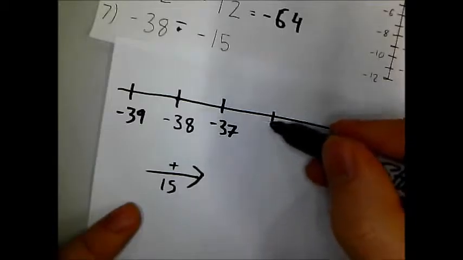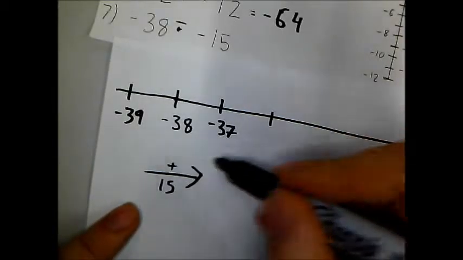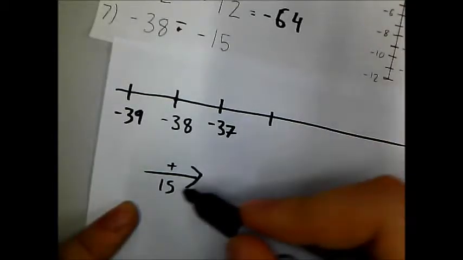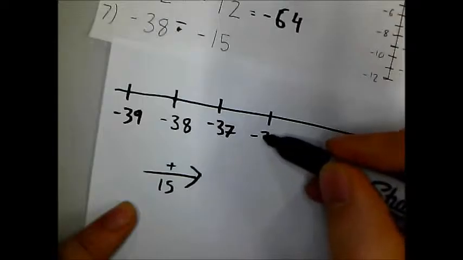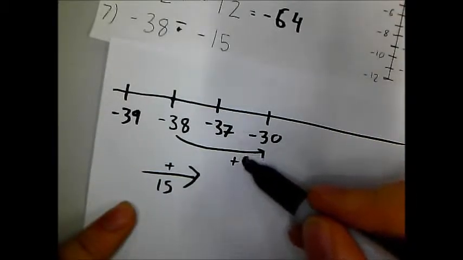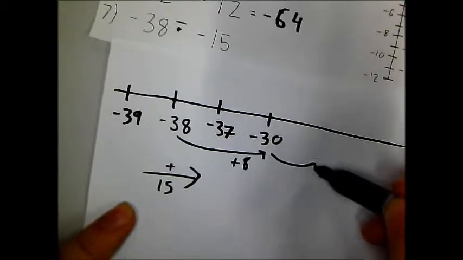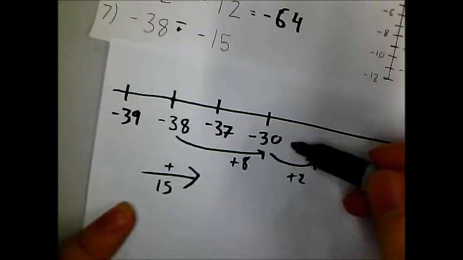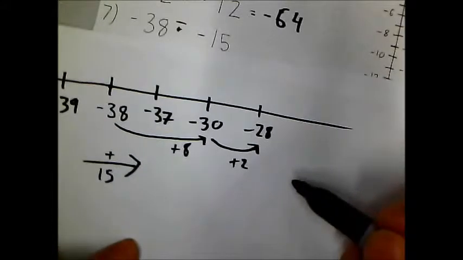So, let's go up to negative 30. So here, we've added 8. Let's add another 2 to go to negative 28.